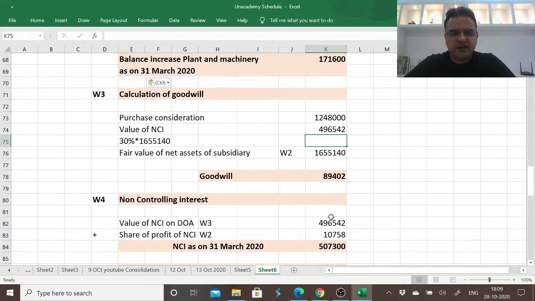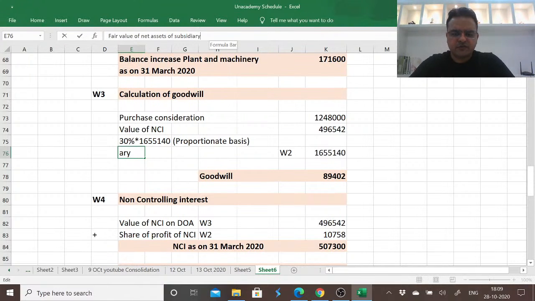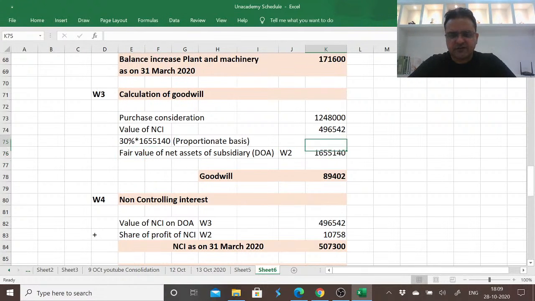The value of NCI will be 30% of the fair value of net assets of subsidiary on date of acquisition. This is known as a proportionate basis valuation of NCI. Fair value of net assets of subsidiary on date of acquisition, we get to know from working note number 2, and we pick it from here, 1,655,140.